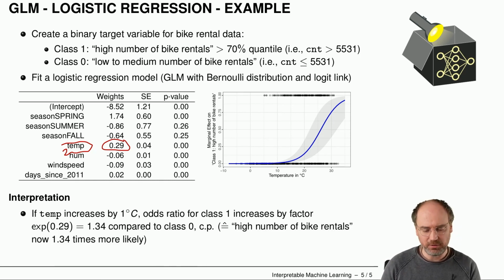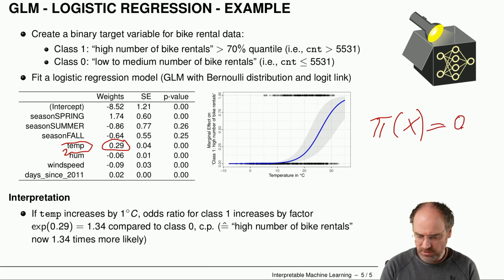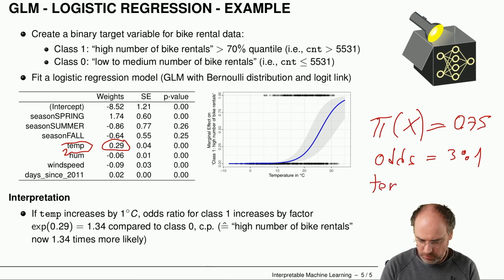So maybe let's make this very concrete. Let's say we are at a current observation x and our probability for the positive class, so for the number of bike rentals being high, is 0.75 as we had before. So we already computed before that then our odds are 3 to 1, right? Did that before. Now, how do our odds change when we change our temperature by 1 degree Celsius?